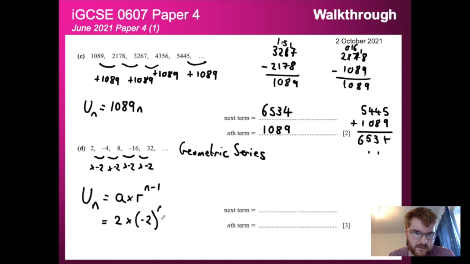And then we're going to write in our n minus 1. So if we write in our answer, we get 2 times (-2) to the power of n minus 1. Please do remember this formula. If a geometric series does come up, it will be straightforward, something like this. And if we work out the next term where we're timesing by -2, say 32 times -2, well that's equal to -64, which we're going to pop in right there.